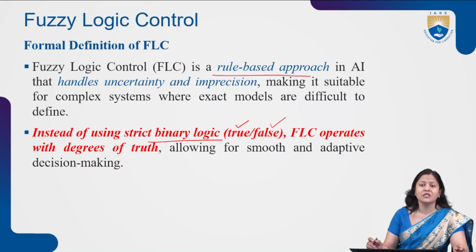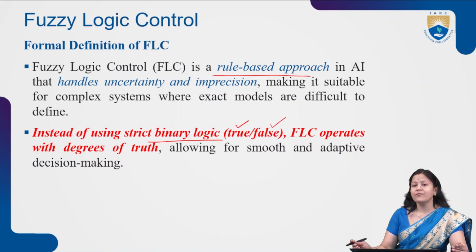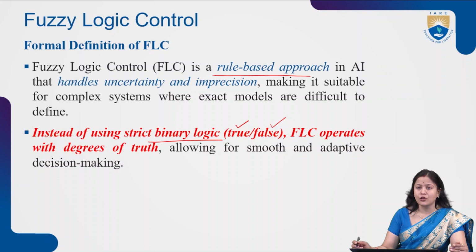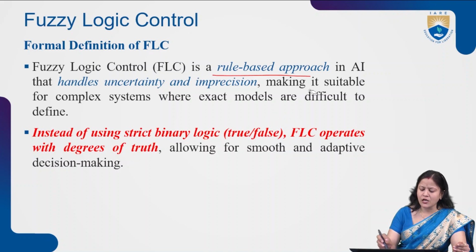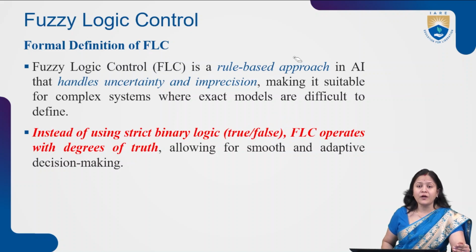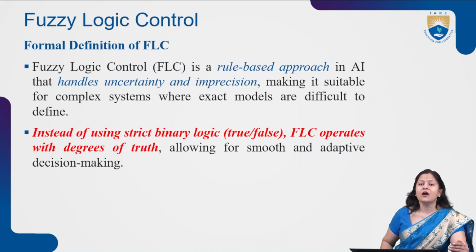That belongs to the crisp set or binary logic. If we follow that logic, our system may not work properly as per our requirements. To overcome that problem, fuzzy logic is used. Fuzzy logic operates with degrees of truth. With a certain change in value, the corresponding value can be determined by the fuzzy logic, and that corresponding value can be converted using the membership functions.